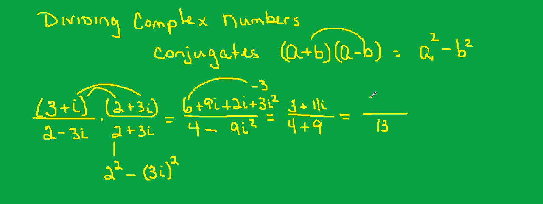And that I'll write over here as 3 plus 11i over 13. Okay, and I can write this in the a plus bi form by putting the denominator underneath the 3 and the 11i. So it would be 3 over 13 plus 11i divided by 13. And this is a plus bi.